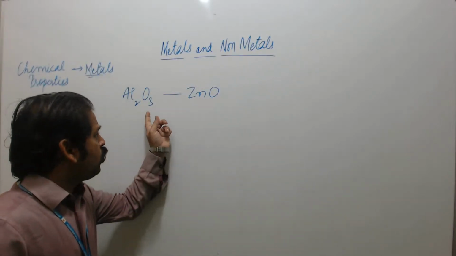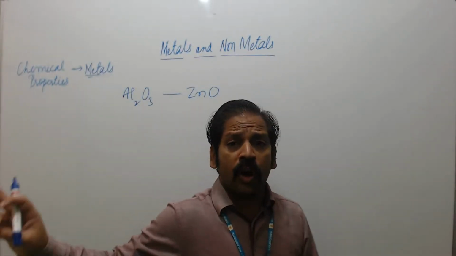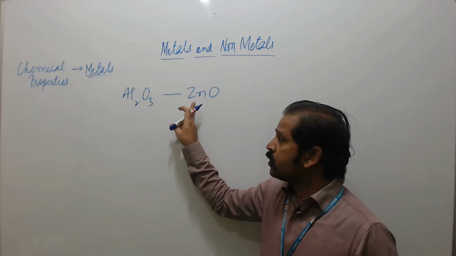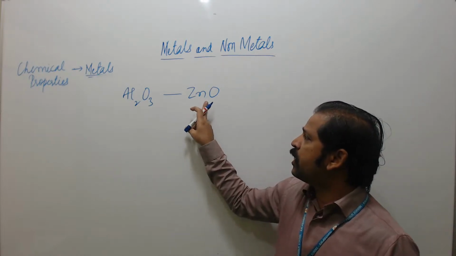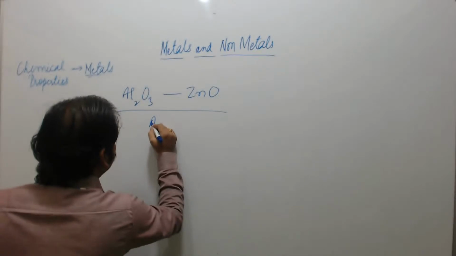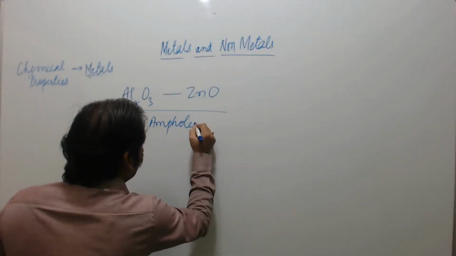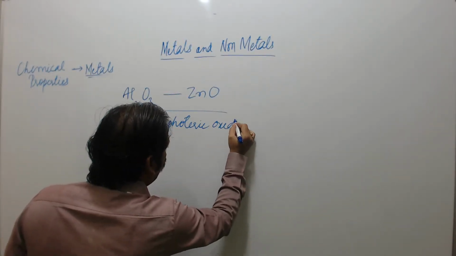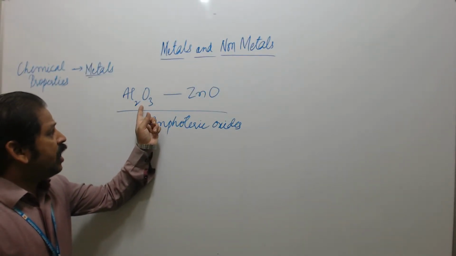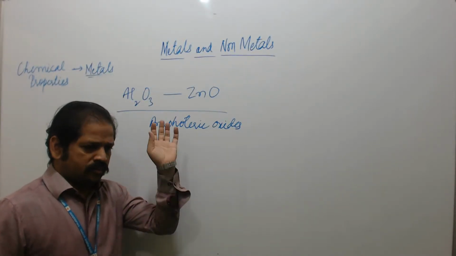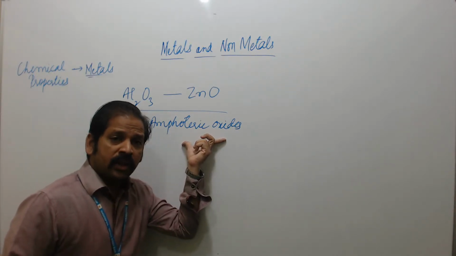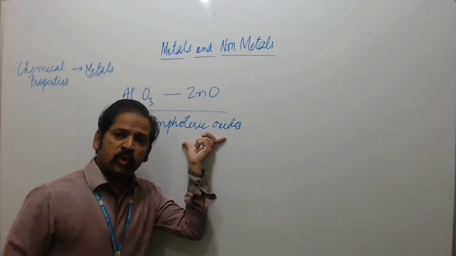Yes, I have shown two compounds here: oxide of aluminium and oxide of zinc. Aluminium oxide and zinc oxide are called amphoteric oxides because they behave like an acid also, and like a base also.